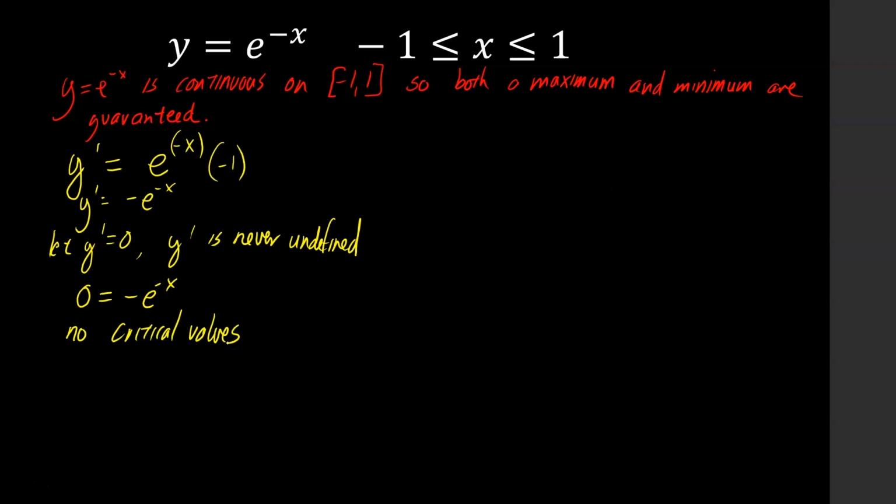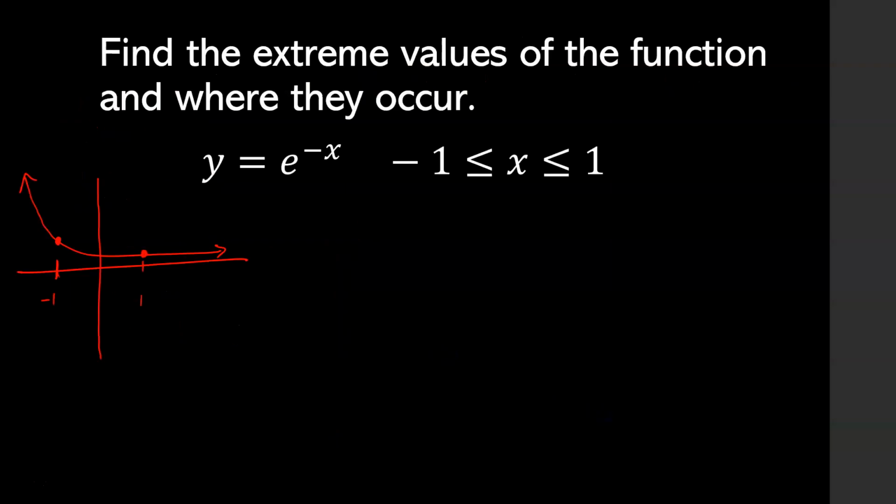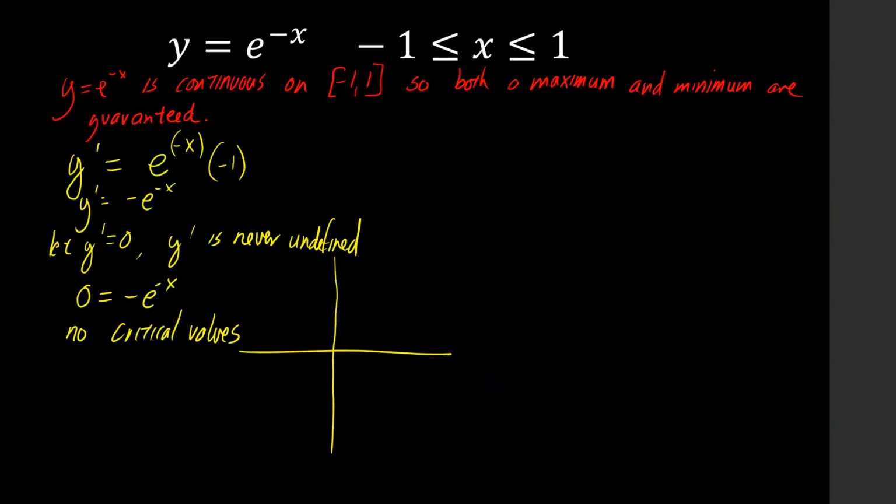If you're not sure why that's not possible, let's think about the graph of -e to the negative x. -e to the negative x is a vertical reflection of e to the negative x. Okay? And in this statement, we are looking for where it has a y value of 0.